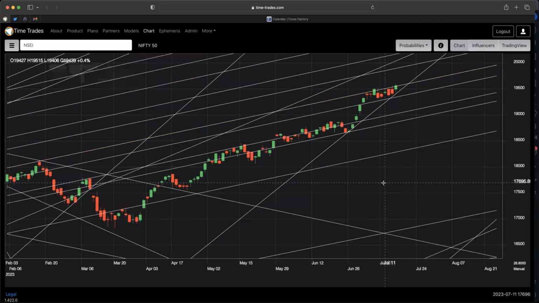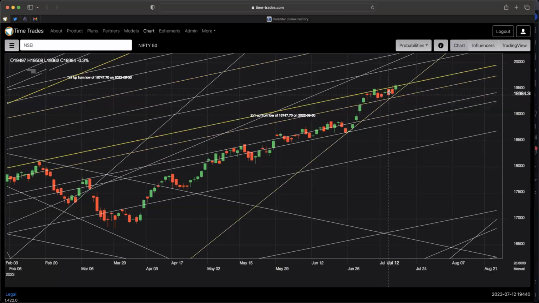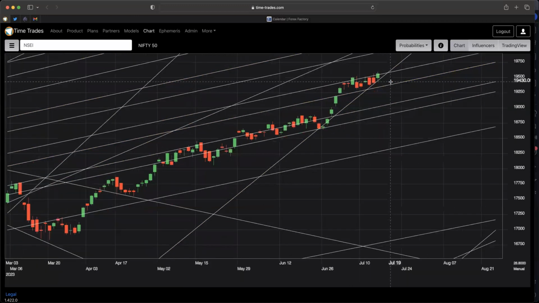We did have a Gann Fan cross last week between the 10th and 11th and got a little green candle out of that. And then followed that up with another Gann Fan cross between the 12th and the 13th, and basically not much happened out of that. So there was no trending bar coming out of that second cross.